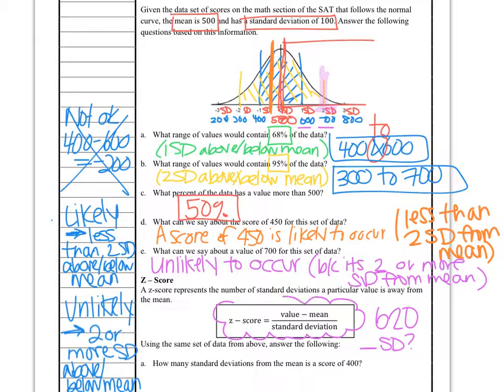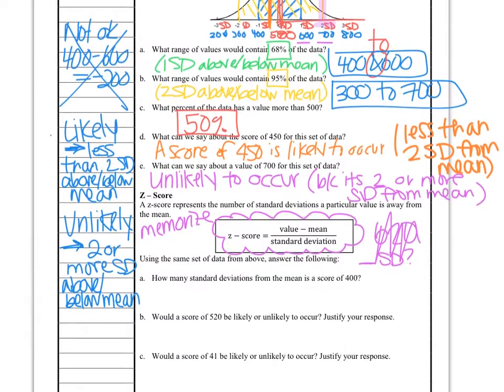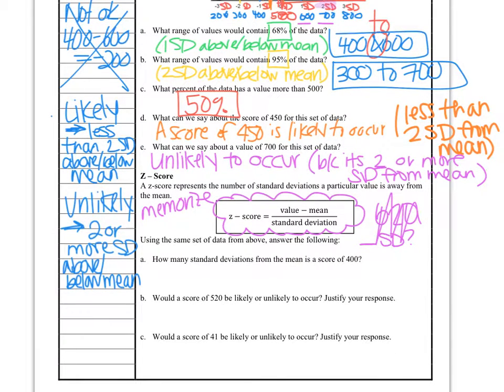This is something that you do have to memorize, so it's important that you write that here, memorize. We're going to ignore this 620 for a minute. But a z-score is found by using the given value. Make sure we write the word given in here. So some given value minus the mean over the standard deviation. So it says here, using the same set of data from above, answer the following.